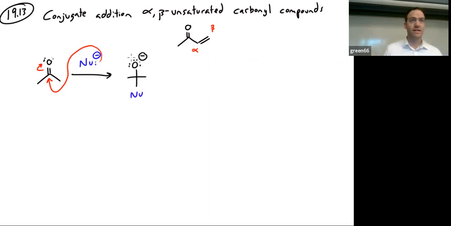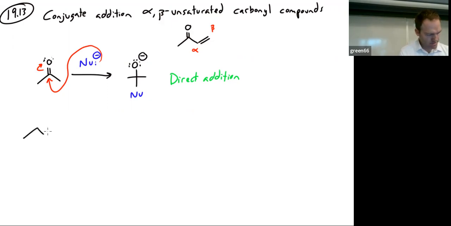And then later on, this takes a proton. This is what we call a direct addition. Before, I was just calling it an addition to a carbonyl. We had a nucleophile attack the carbonyl carbon, and then we'd make some tetrahedral intermediate.